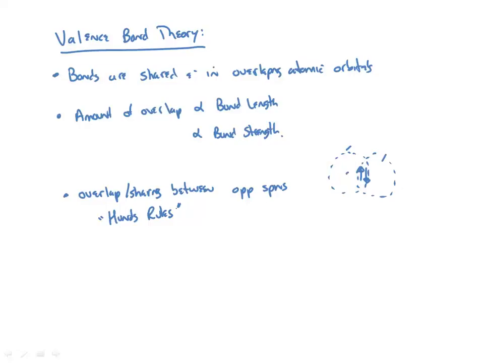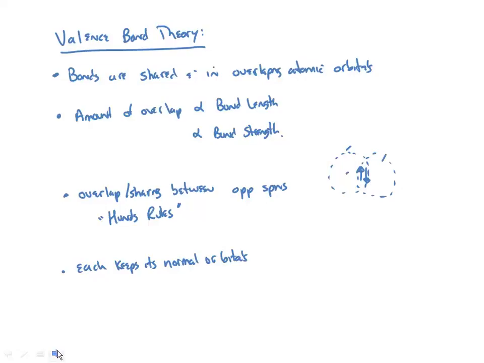And so each atom keeps its normal orbitals. And we've already got the amount of overlap is proportional to the bond length and bond strength.